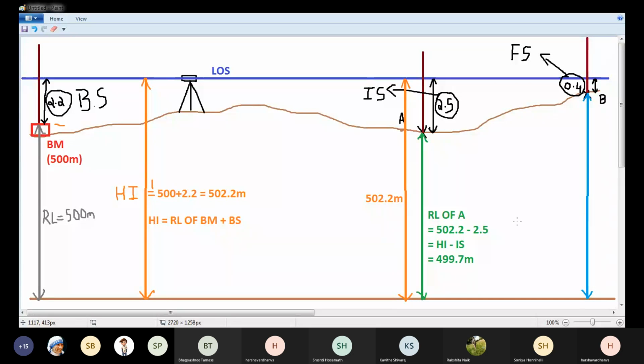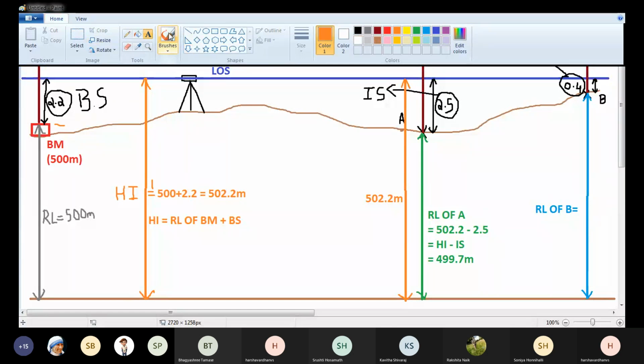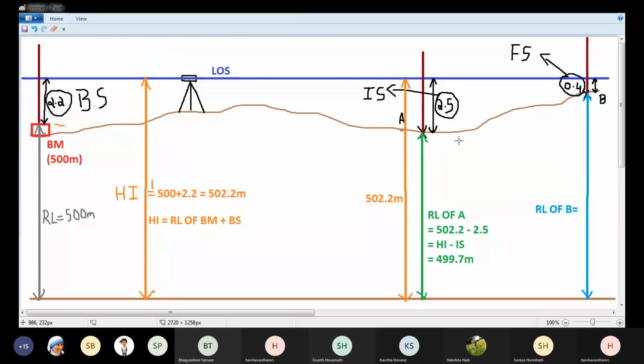So this is the vertical distance of B from datum, the blue line, and it is the RL of B. Again, I will need the height of instrument or the elevation of line of sight.